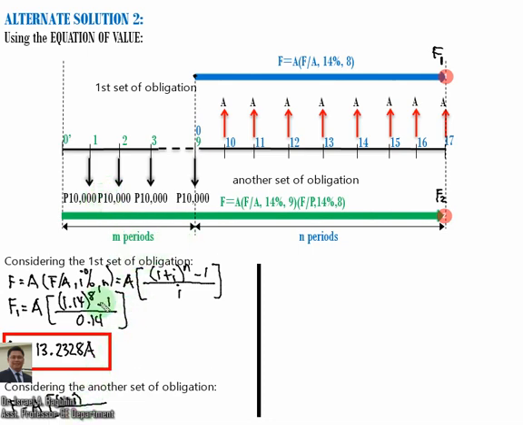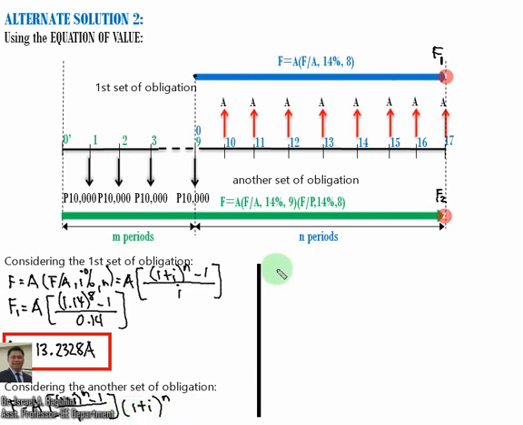So 1 plus I, we are considering M periods here, minus 1 all over your I, and then we are going to multiply this with this factor here, since we already deferred the cash deposits, starting on the 10th year until the 17th year. So we have here this 1 plus I raised now to this n periods.